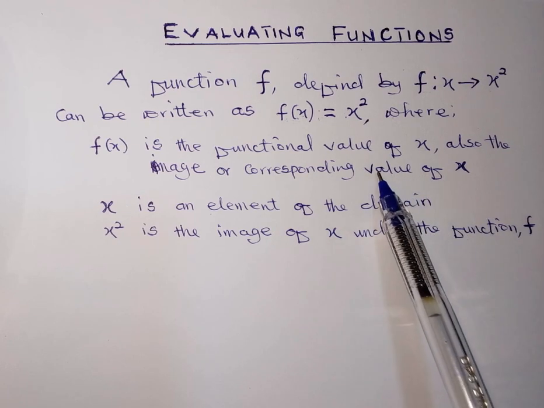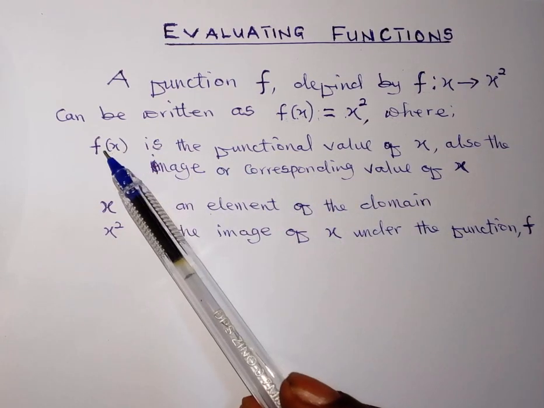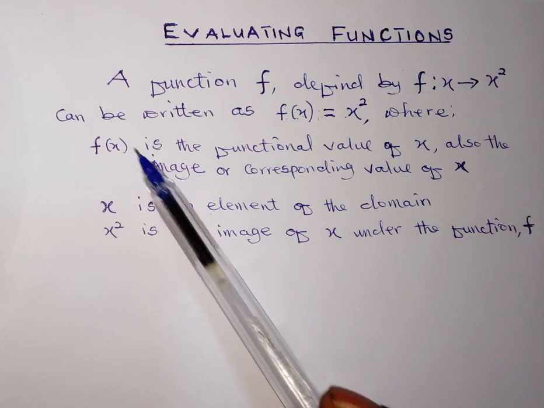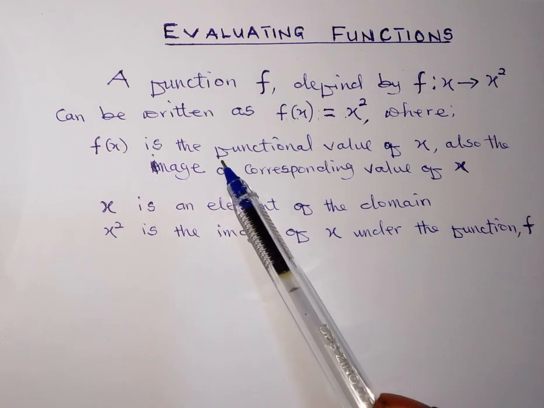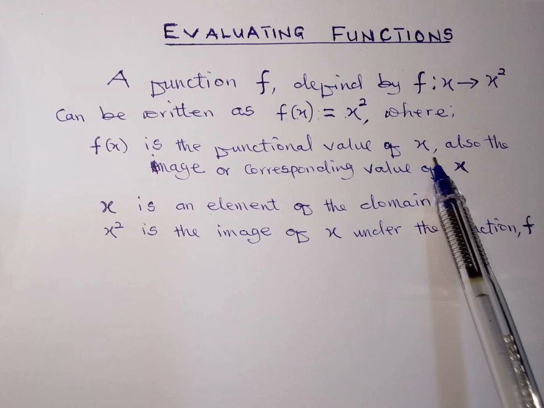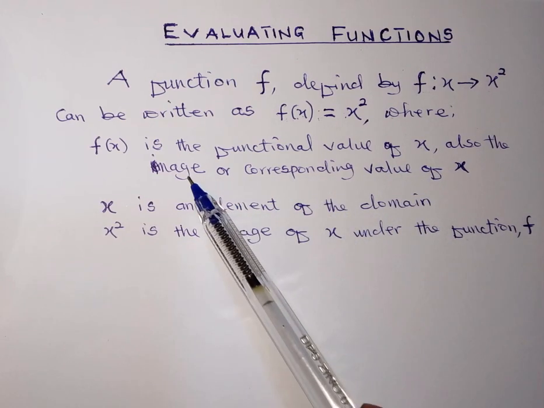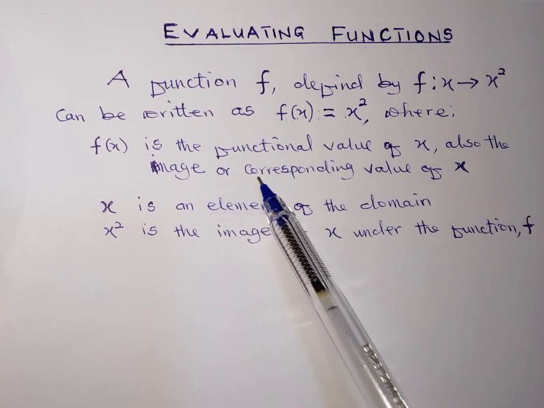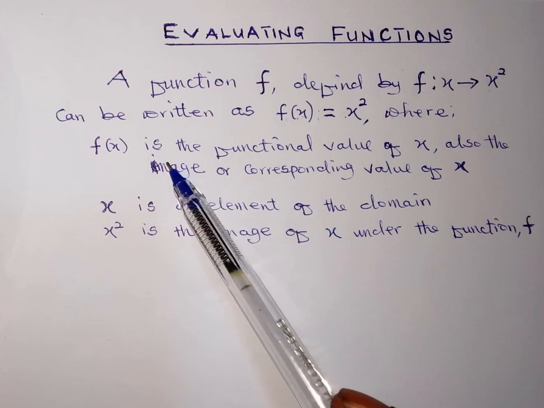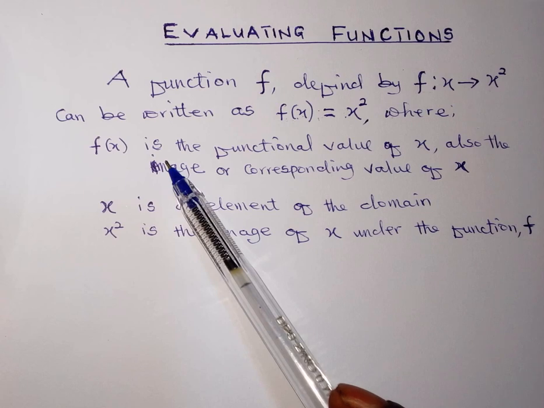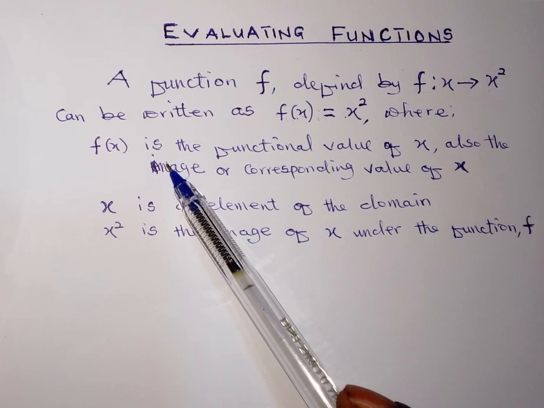That's what we are saying. So whatever answer you get for f at x, the f at x is the functional value of x, or also called the image or corresponding value. We can also call the same thing the range. Yes, the range of a function. It can also be the range of the relation or the function.